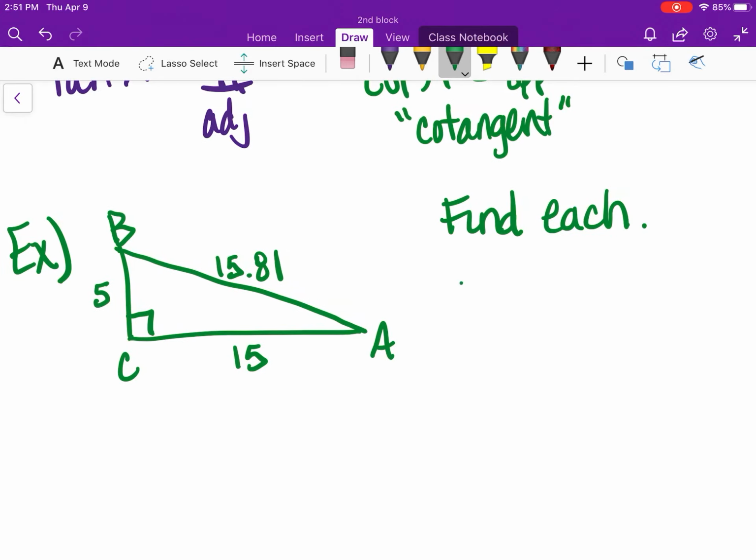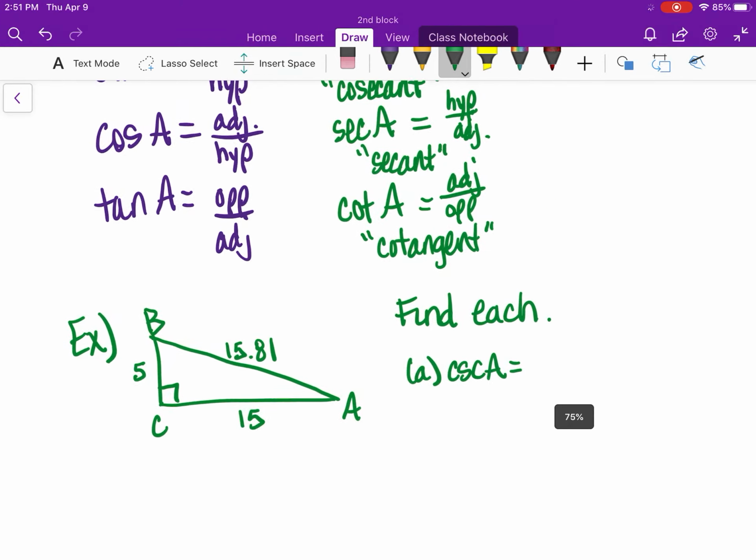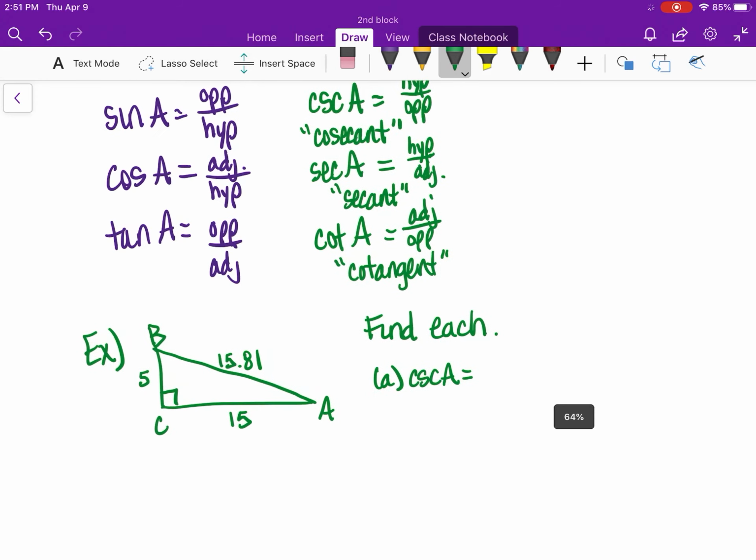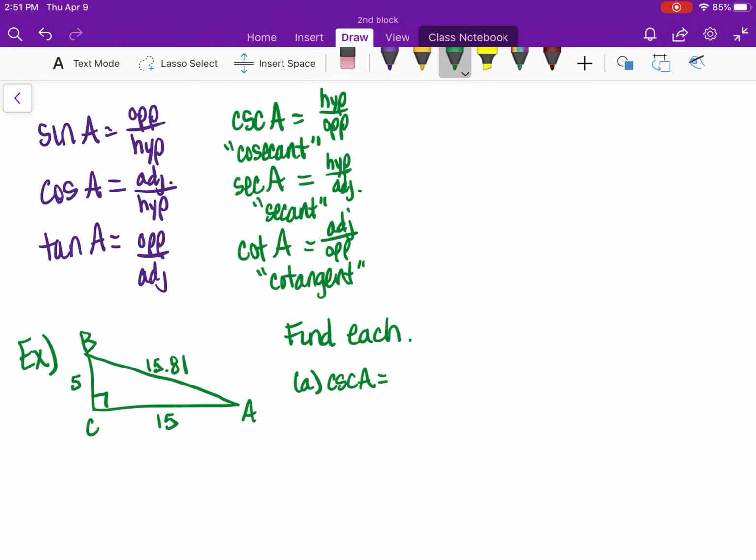For A, we're asked to find the cosecant of A. Cosecant is the reciprocal of sine. If sine is opposite over hypotenuse, then cosecant is hypotenuse over opposite. So that's going to be 15.81 divided by 5. And when you put that in your calculator, you end up with 3.162.